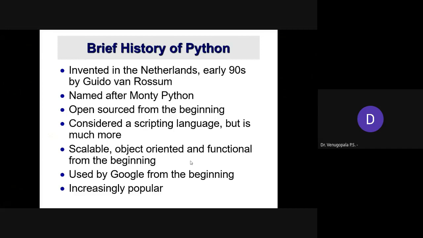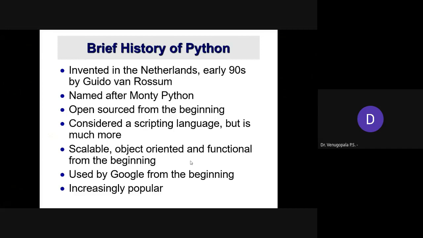Rather than calling it a programming language, it is called a scripting language. We all know the difference between a script and a program. A script is something which is interpreted, whereas a program is something which is compiled. So Python is not a compiled programming language. Python is an interpreted language. It's a scripting language, so we call it a Python interpreter, not a Python compiler.